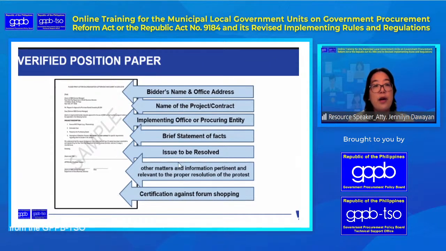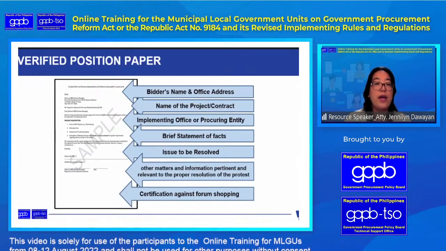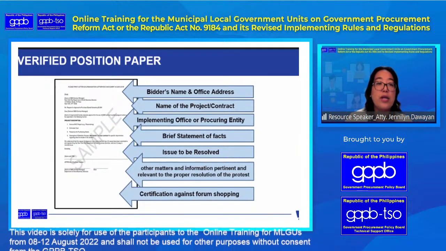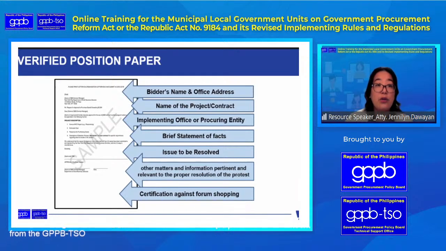And then the third one would be in the post-qualification, di po ba, where they were disqualified for one reason or another for not complying with the agency's technical specifications. Usually, yan lang naman ang requirements for disqualifying, di ba? If they did not comply with the minimum agency's specifications stated in the Philippine bidding document.